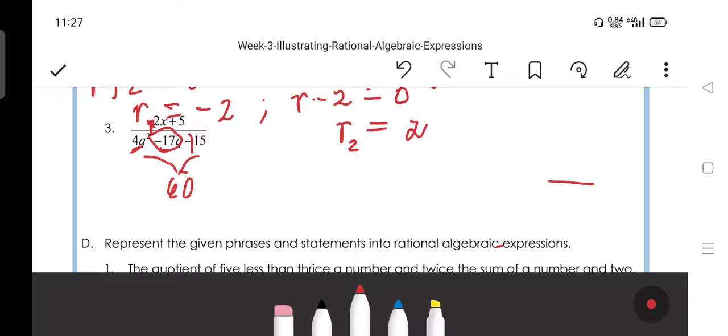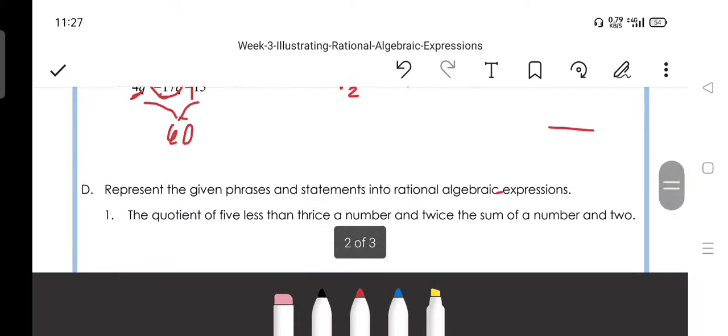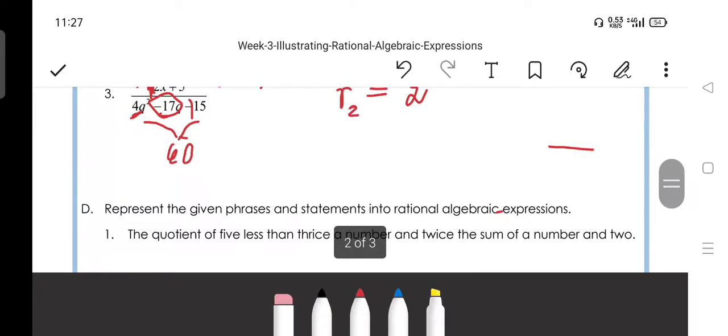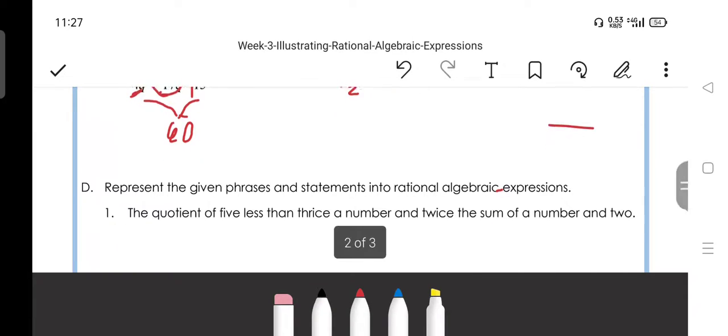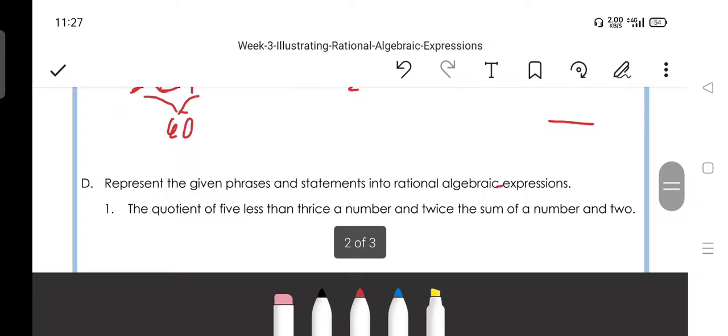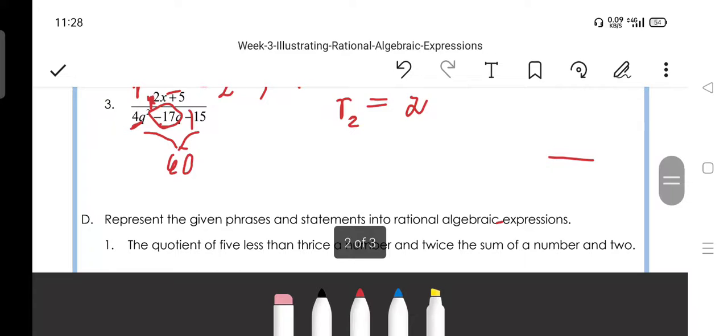So take note that the middle term is negative and the last term is positive. That means both factors are negative. Okay? Both factors are negative. So I think I've already discussed this method in simplifying rational algebraic expressions or factoring polynomials. Okay, but let me discuss this once more.